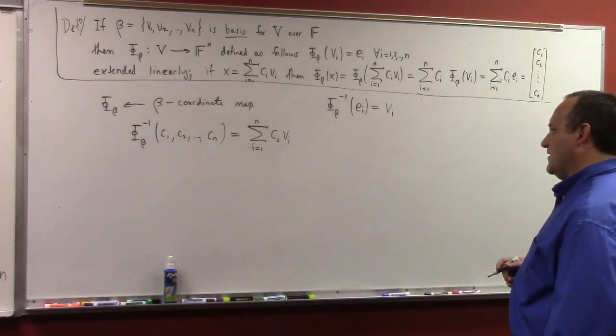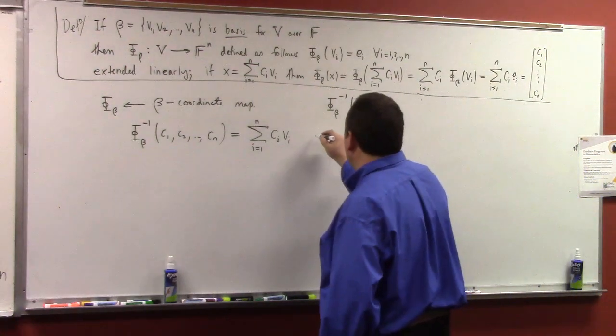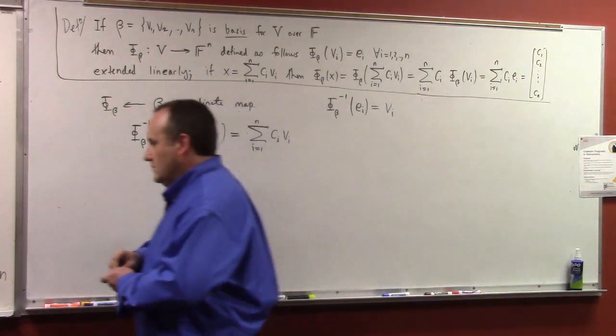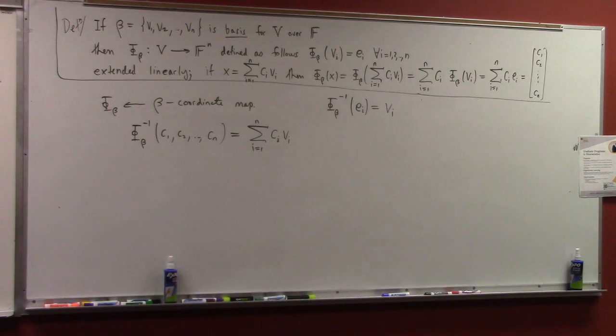I feel like there's more I should be saying here, but I can't think of it at the moment. Let's look at an example, okay? We're saying there's an isomorphism between the coordinates given by the standard basis and the coordinates given by any other basis.